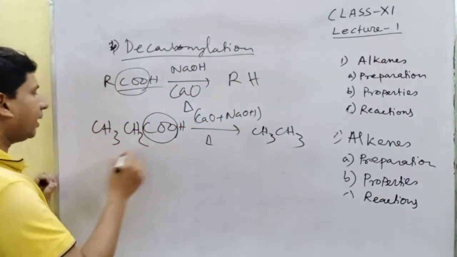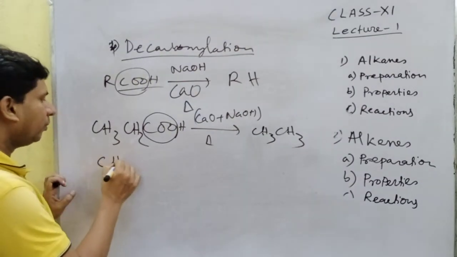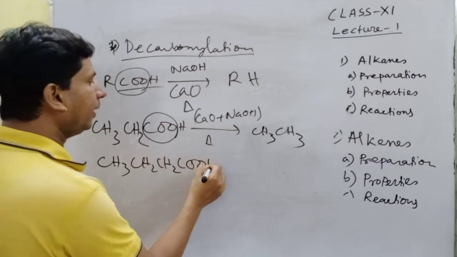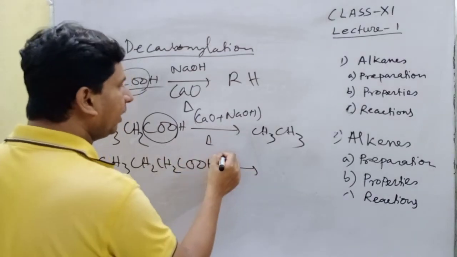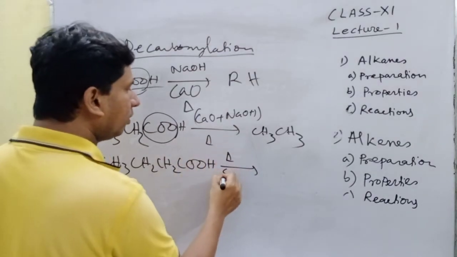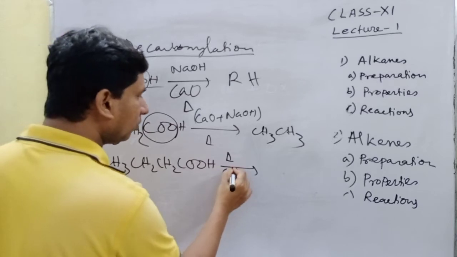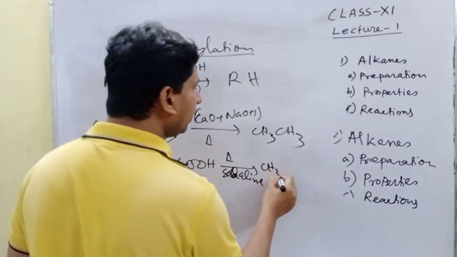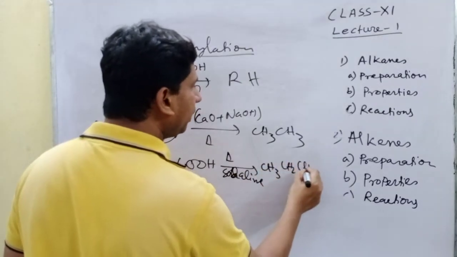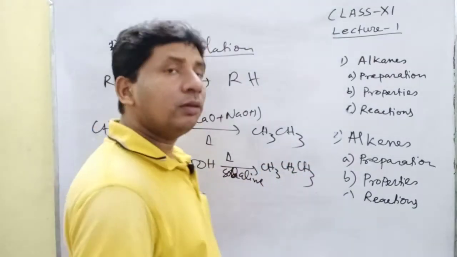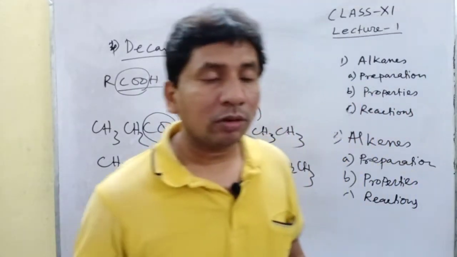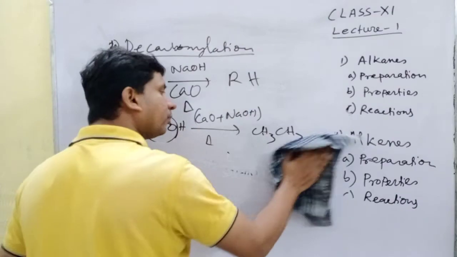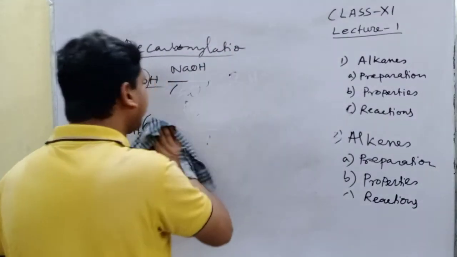If it is butanoic acid, CH3CH2CH2COOH, then with soda lime and heat we will get CH3CH2CH3. So this is the decarboxylation reaction to prepare hydrocarbon, that means only alkane.